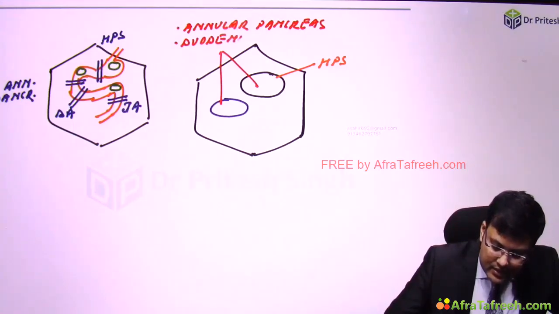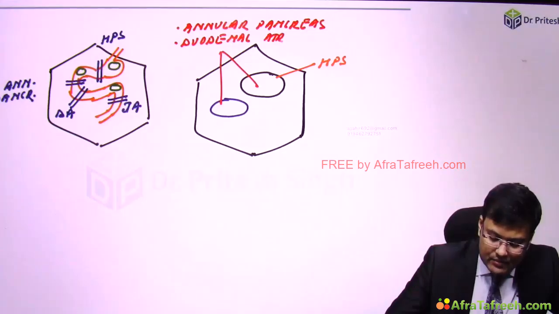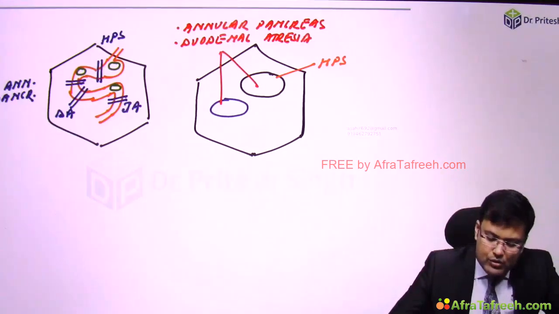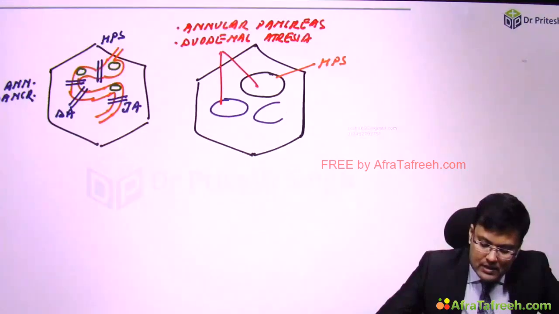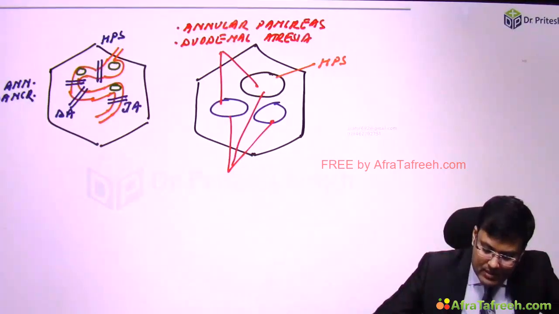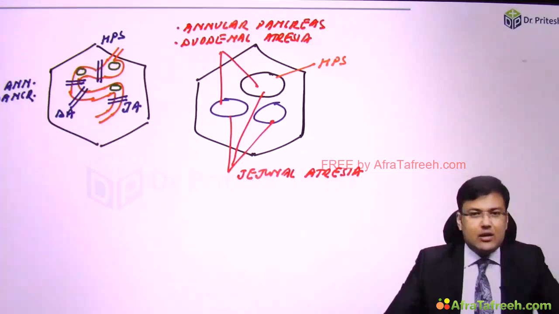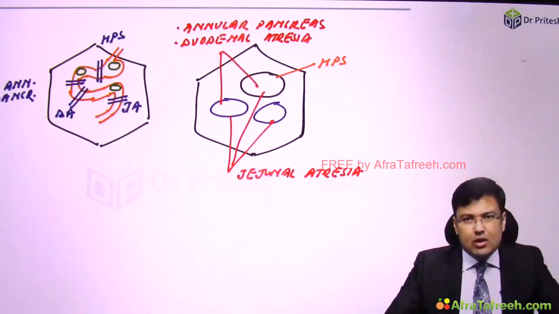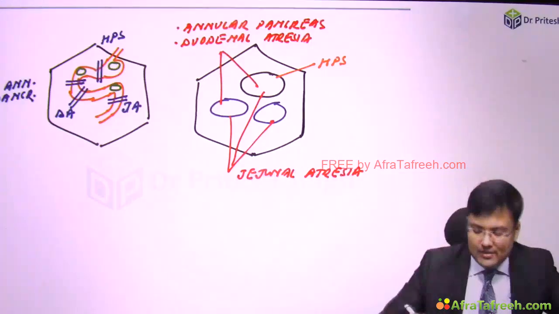And if you are going to see three bubbles, this triple bubble appearance, it is seen in jejunal atresia. Now see how these bubbles look like on X-ray.